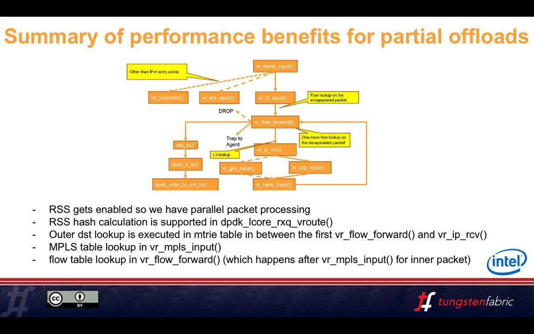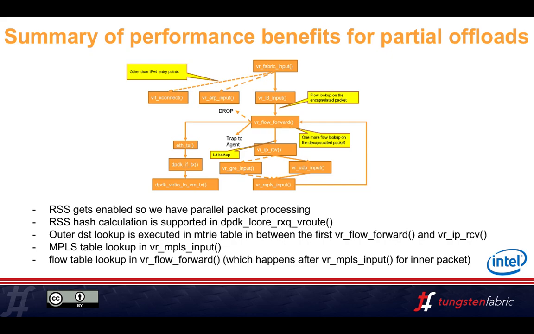So again, on the partial offload side, the big benefit is the parallelism that is being introduced by RSS, because now RSS can work with the whole encapsulated flows. The lookups, of course, can be expensive, and that's why we see pretty good performance numbers by doing that.